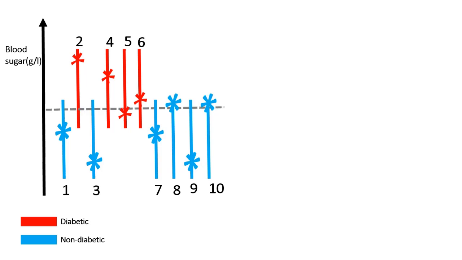So let's assume that we fix our threshold to be somewhere here. Our threshold is the general population mean blood glucose level, which is 1.1 gram.